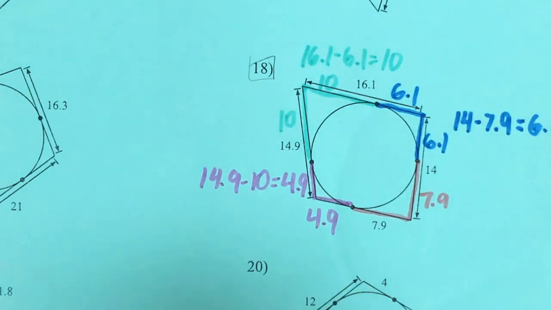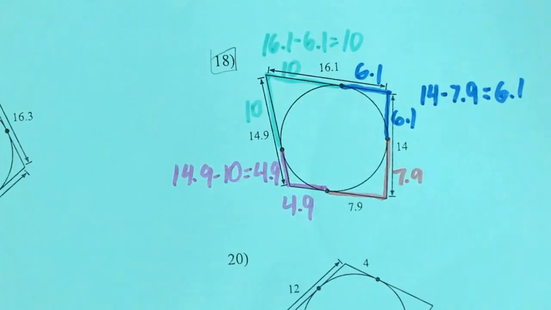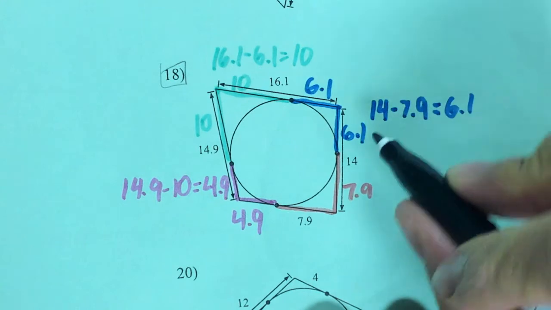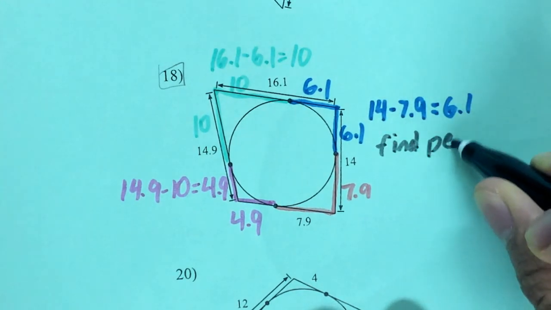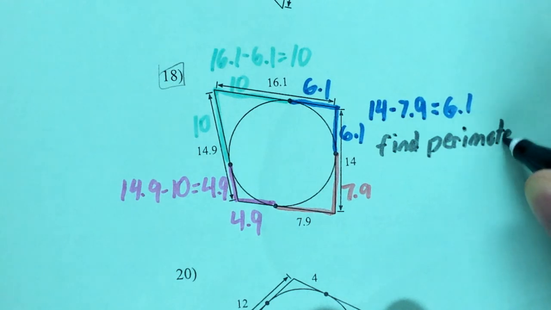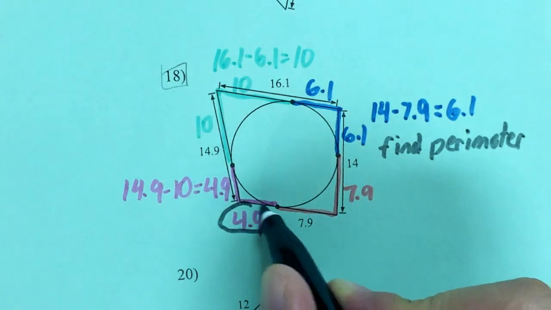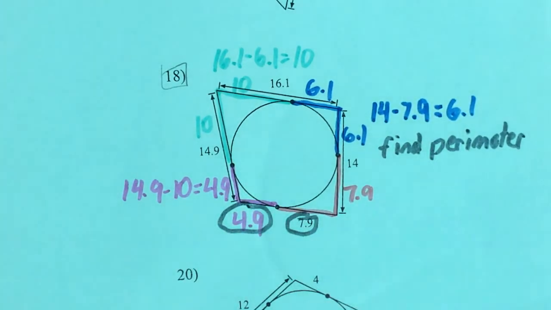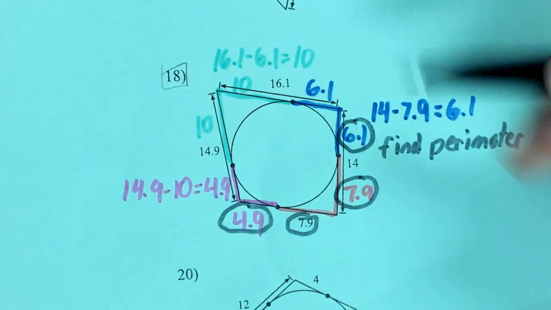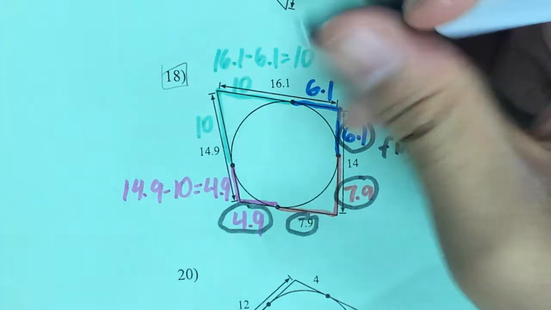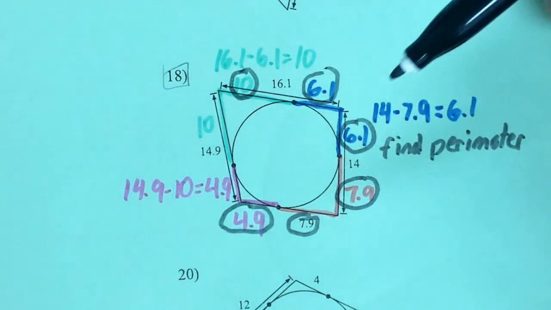Now this question can ask for perimeter. So let's write that down. Find perimeter. Perimeter would be adding this part plus this part to make my entire bottom side. This part plus this part makes my right side. This part plus this part is my entire top side.